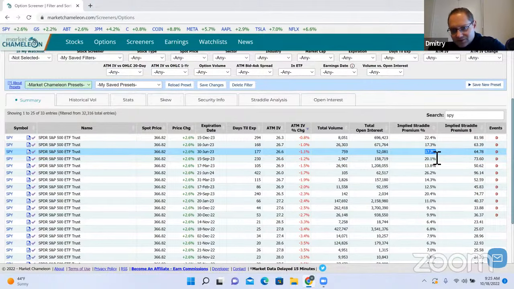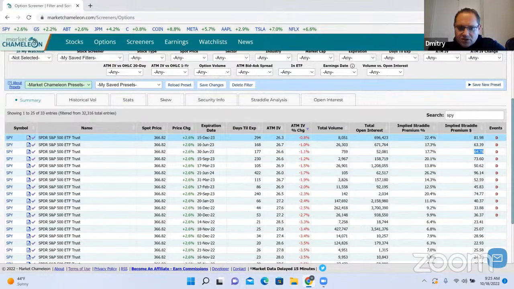In other words, what you're betting is that the move between now and expiration will be less than 17.7%. If you're buying it, you're betting that the move could be greater between now and that expiration, if you held it all the way from now to expiration. This is the price of the straddle. And then if there are any events like dividends, earnings, whatever, we'll list it over here.